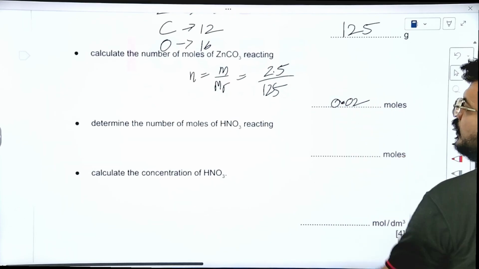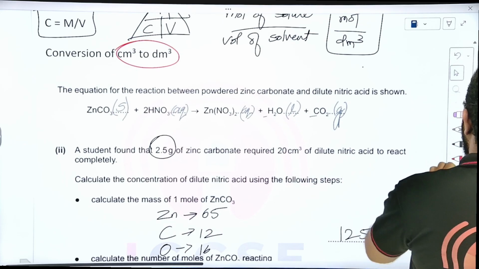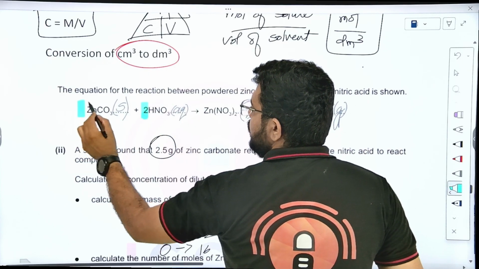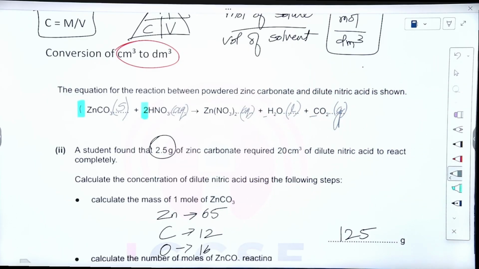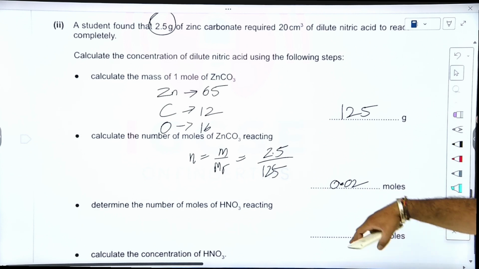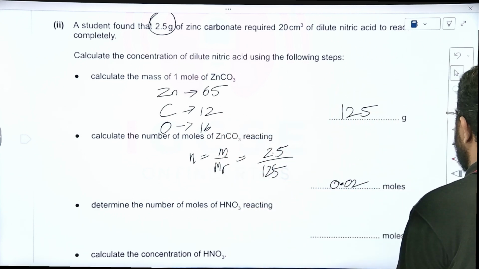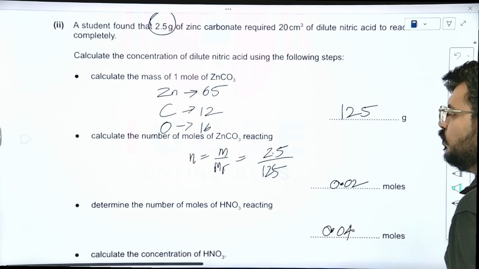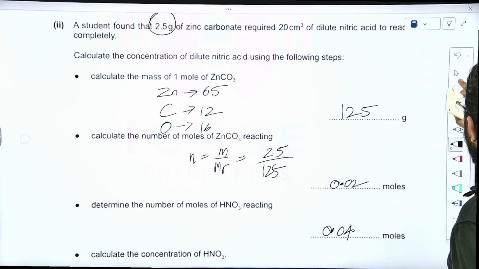Then determine the number of moles of HNO3 reacting. Look at the numbers. So this is 2, and of course nothing is written. It means it has to be 1. So the ratio is 1:2. Now, if 0.02 moles of ZnCO3 react and the ratio is 1:2, then easily the number of moles of HNO3 that react is 0.04 mole.